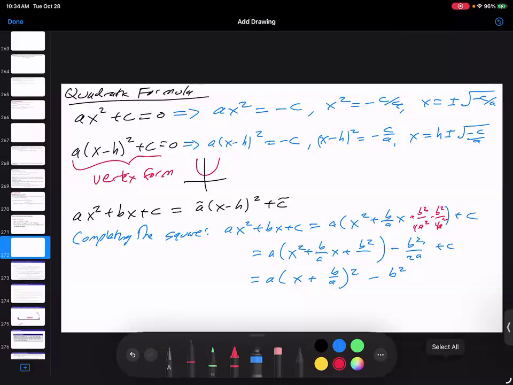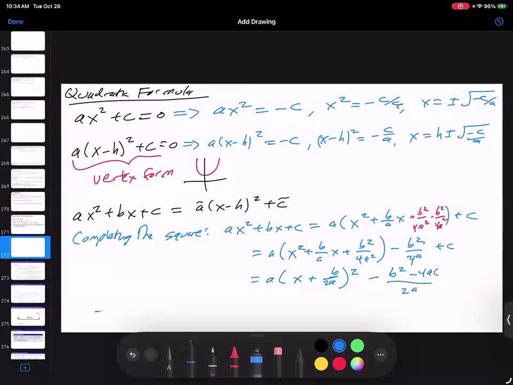And now, when I put in 4a squared, it's going to be b over 2a. And now when I do FOIL, I'm going to get x squared plus twice b over 2a, which is b over a, plus b squared over 2a squared, which is b squared over 4a squared. So this should be a 4a over here, so it's b squared minus 4ac all over 4a.